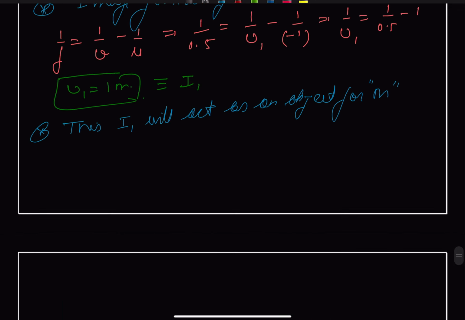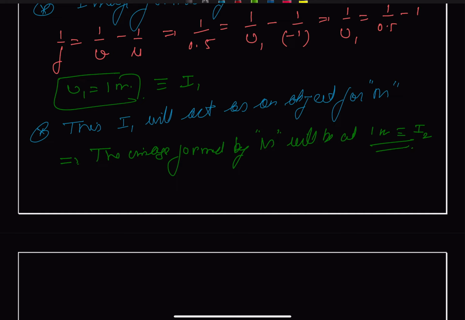We can say that the image formed by mirror M will be at 1 meter. Let us call that as our I2.